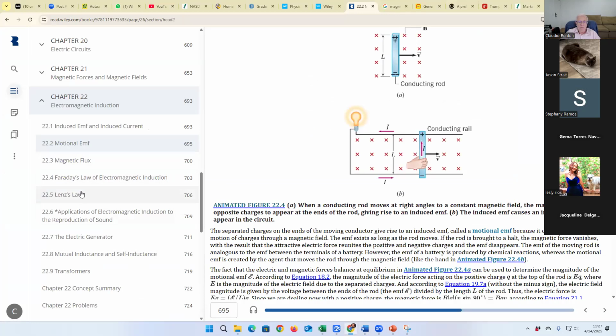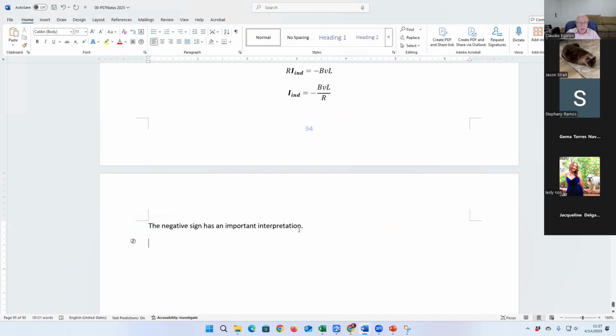It's not difficult to come up with an interpretation. The negative sign has an important interpretation and tells you the direction of the current. Okay? Tells you the direction of the current.